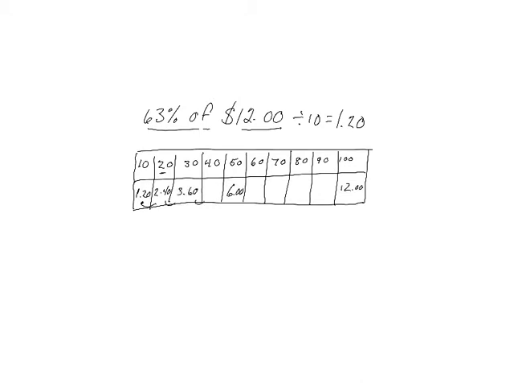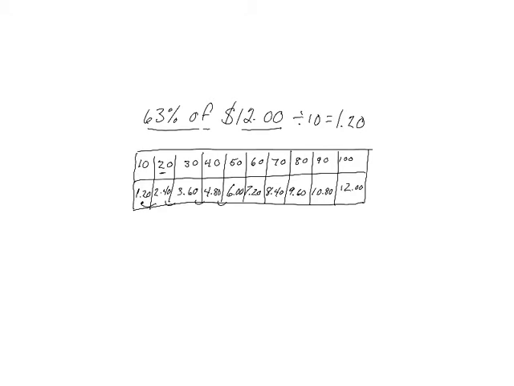And then add another 120 gives me 480. And to just check my work, if I add 120 to 480, does that give me $6? Yes, it does. Okay, so I'm just going to go ahead and fill in the rest of the boxes, and I'll get back to you. Okay, so I've filled in the rest of the boxes, and now we need to start working it out.